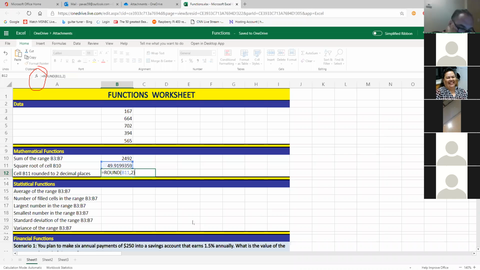Just let me make sure that's correct. There you see 4992. So this is the formula: equals round, parentheses, B11, because that's the number we're trying to round off, then how many digits? I put 2 after a comma, and then close the parentheses, and it gives you the answer.